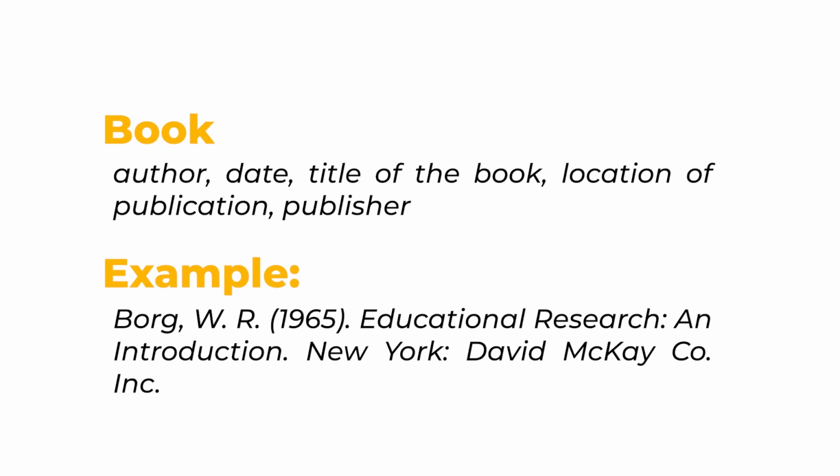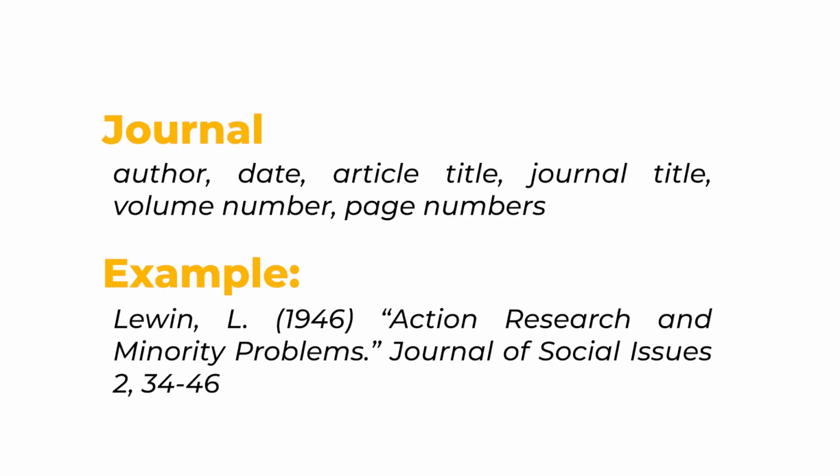For a book, this is our sequence: author, date, title of the book, location of publication, and publisher. So we have here our example. For a journal: the author, date, article title, journal title, volume number, and page number.